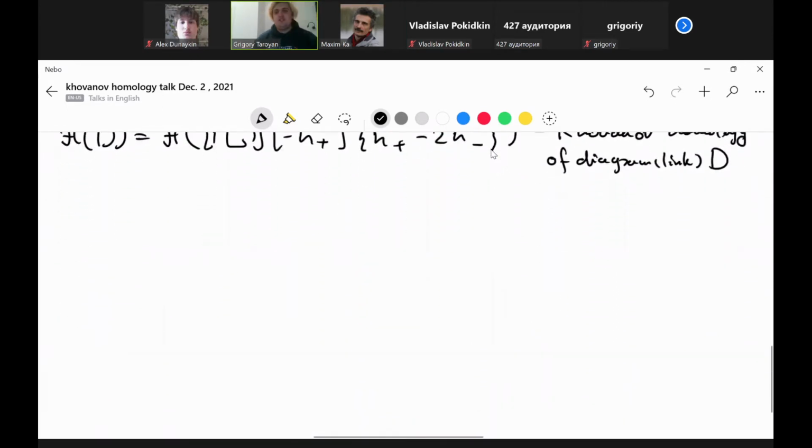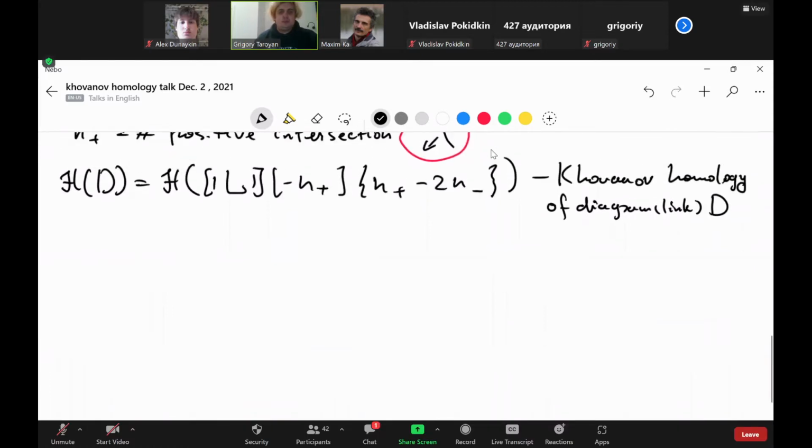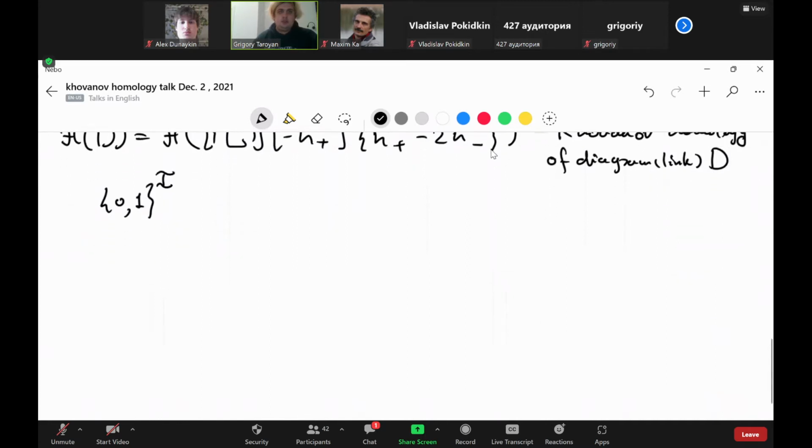Okay, so I wanted just to give some visualization of this process. Since we have this set right here, it immediately brings to mind various sorts of cubes, and that's precisely how it should look. So we can draw a cube which corresponds to all possible resolutions of our diagram.